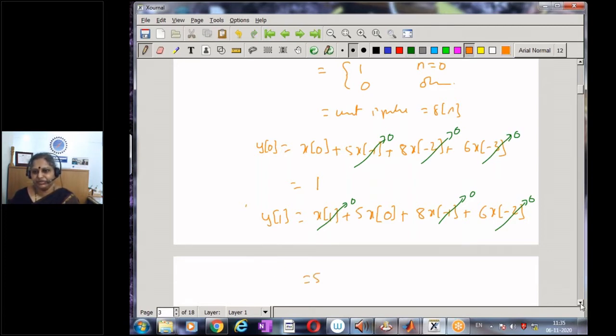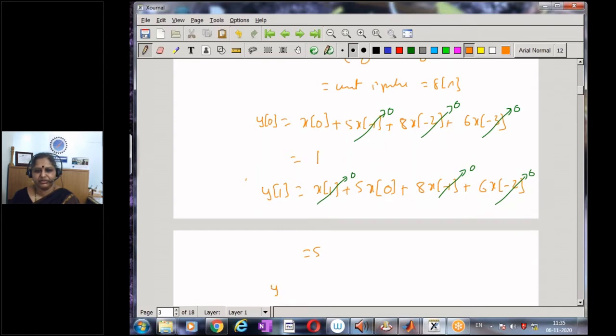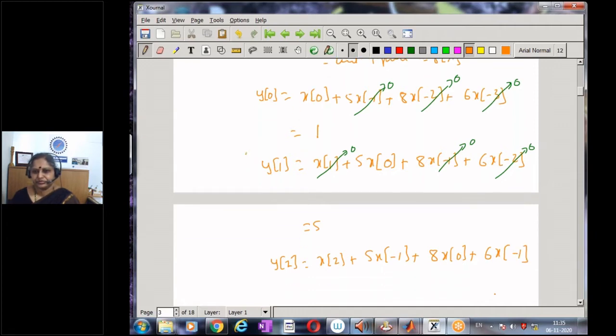Proceeding similarly, say I compute y2. I get x of 2 plus 5 x of minus 1 plus 8 x of 0 plus 6 x of minus 1.